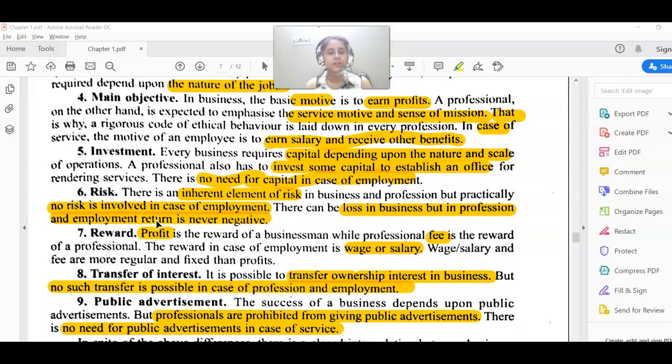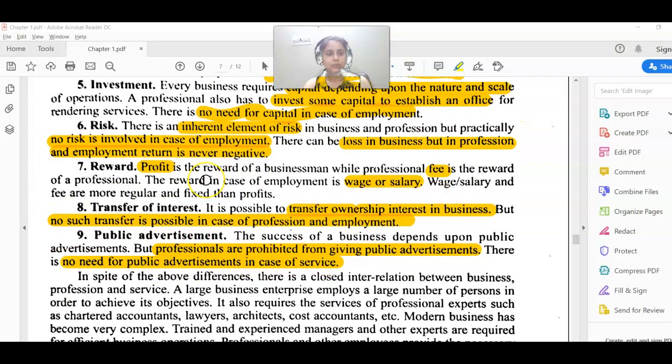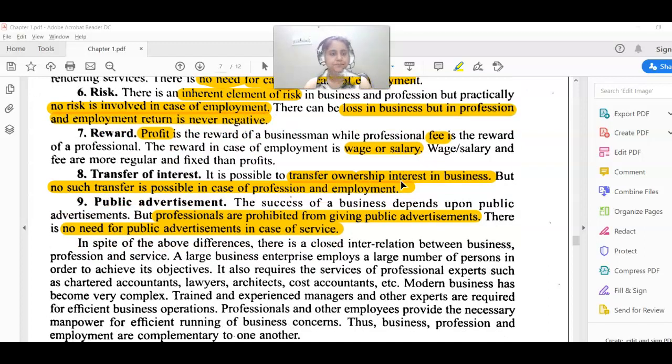Risk. Definitely there is too much inherent element of risk in business, and in profession some, but practically no risk is involved in case of employment, right? There can be loss in business, but in profession and employment, the return is never negative. Okay, reward. Profit is the reward for businessmen, fee is the reward for profession, and wages and salary is the reward for employment.